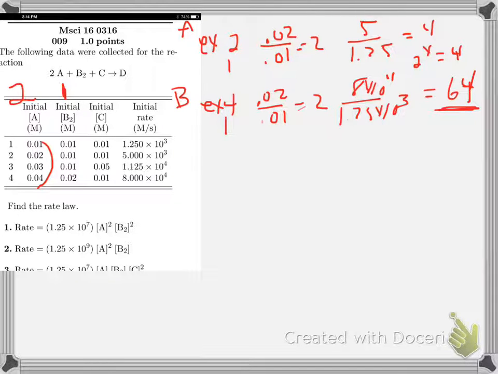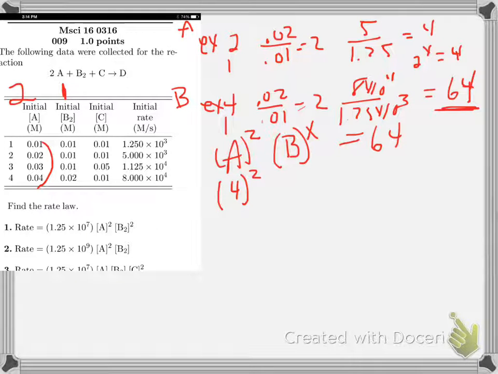Okay. So now what I have to figure out is how much of that 64-fold rate increase comes from A, and whatever's left comes from B. We know A is squared, and we don't know what the x is for B, but it's 64. So let's look at what happened in the experiment. A, in the difference between experiment 1 and 4, increased 4-fold, and that's squared because it's second order. And B doubled, right?